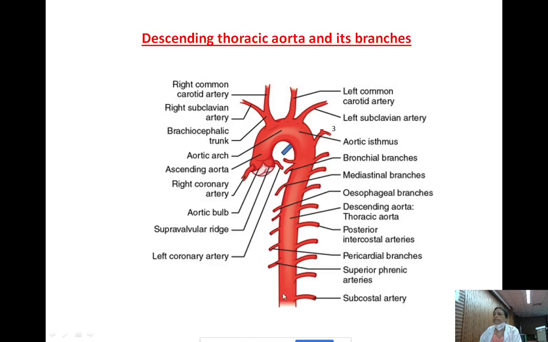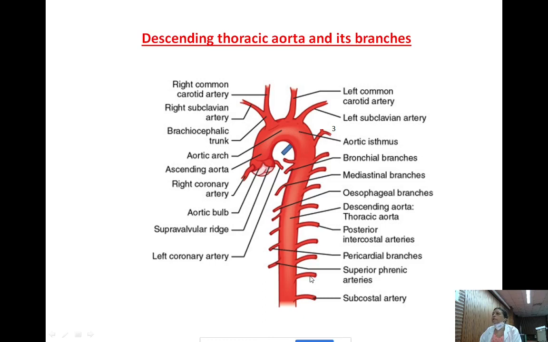Now in the thoracic part, it gives many branches. So what are these branches? This is the third posterior intercostal artery, fourth, fifth, sixth, seventh, eighth, ninth, 10th, 11th. So third to 11th posterior intercostal arteries.